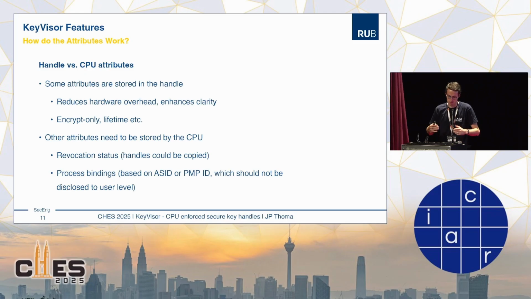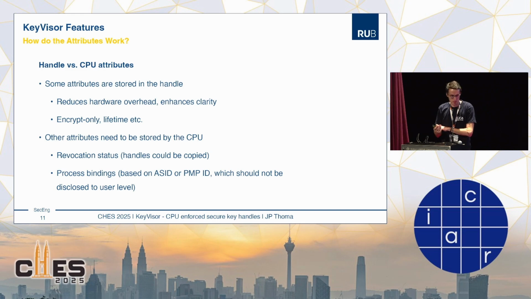Furthermore, if the attributes are stored in the handle itself, then it's very clear from the handle what you can do and what you cannot do with the handle. And it works well for some attributes like encrypt only or the lifetime, but it doesn't work for other attributes.